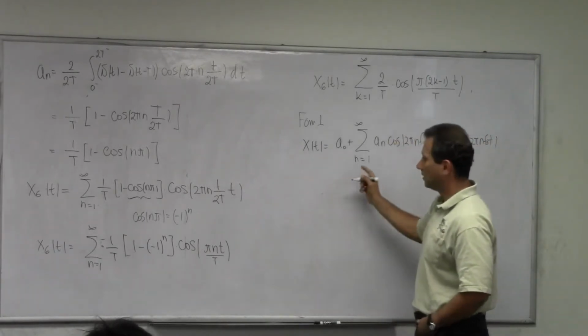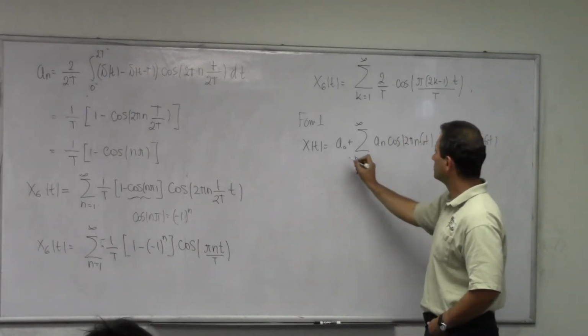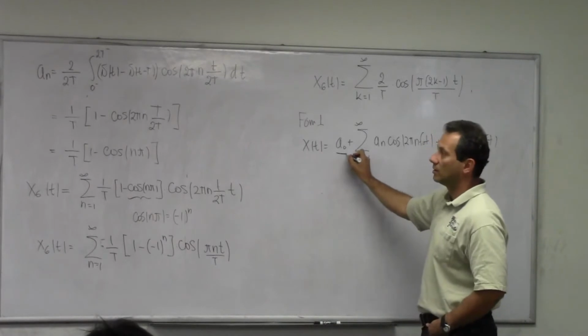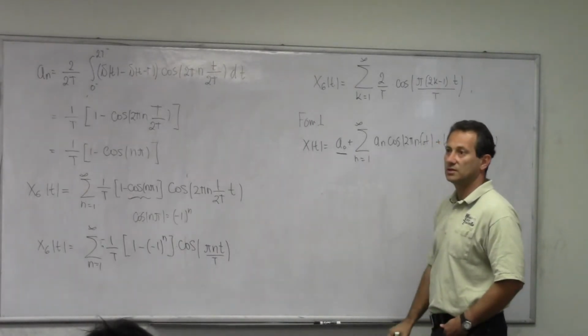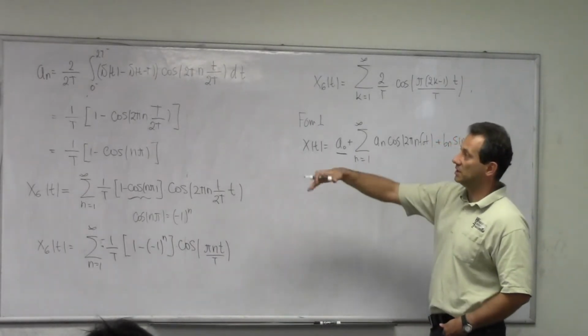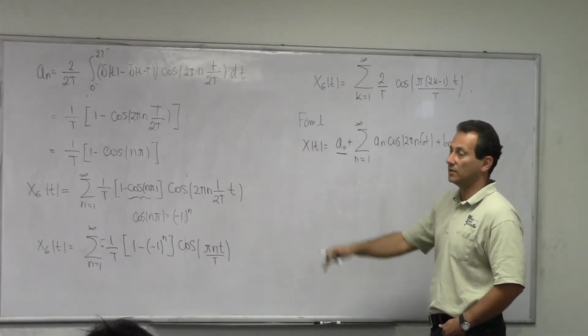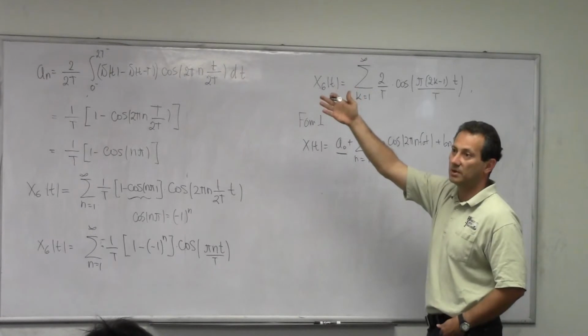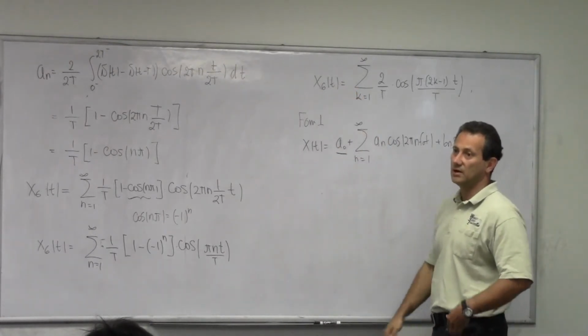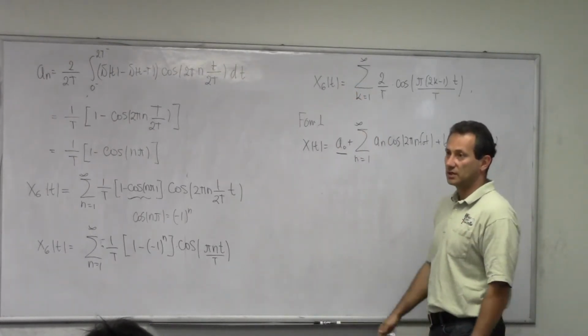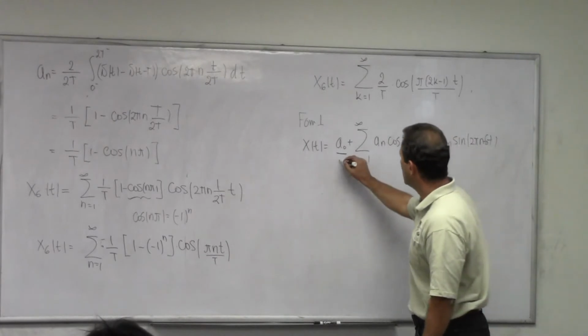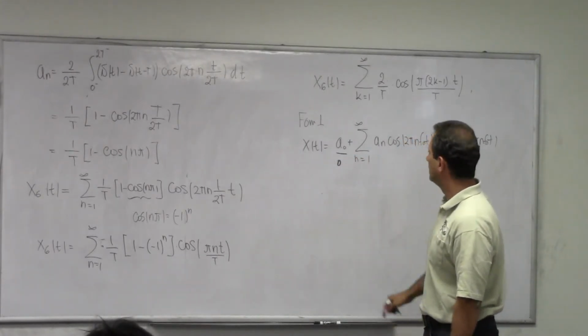And we only calculated an because we discounted bn on the basis that this function has a 0 mean, right? You can see as much as it is up, that's as much as is down. So on average, the function has a 0 DC.